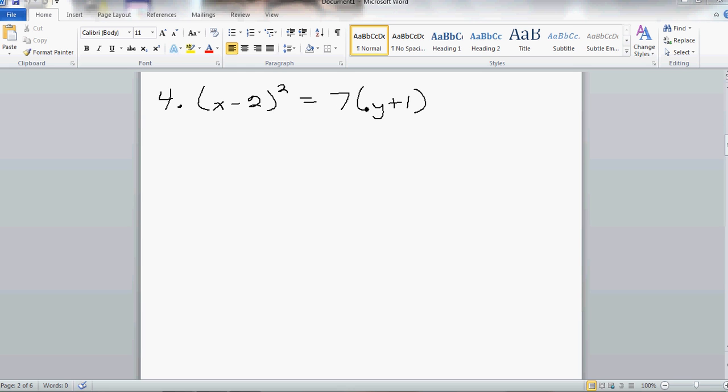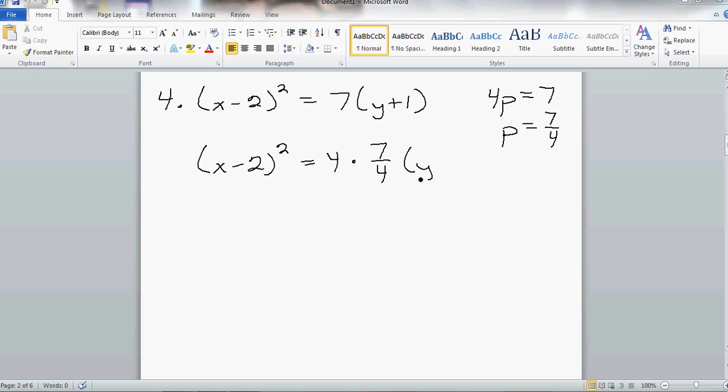But the first thing we have to do is to get this into the normal parabola form, which is 4 times something, 4p here. So in other words, we need to figure out 4p has to be 7. So that means p will equal 7/4. So we get (x minus 2) squared equals 4 times 7/4 of (y plus 1).